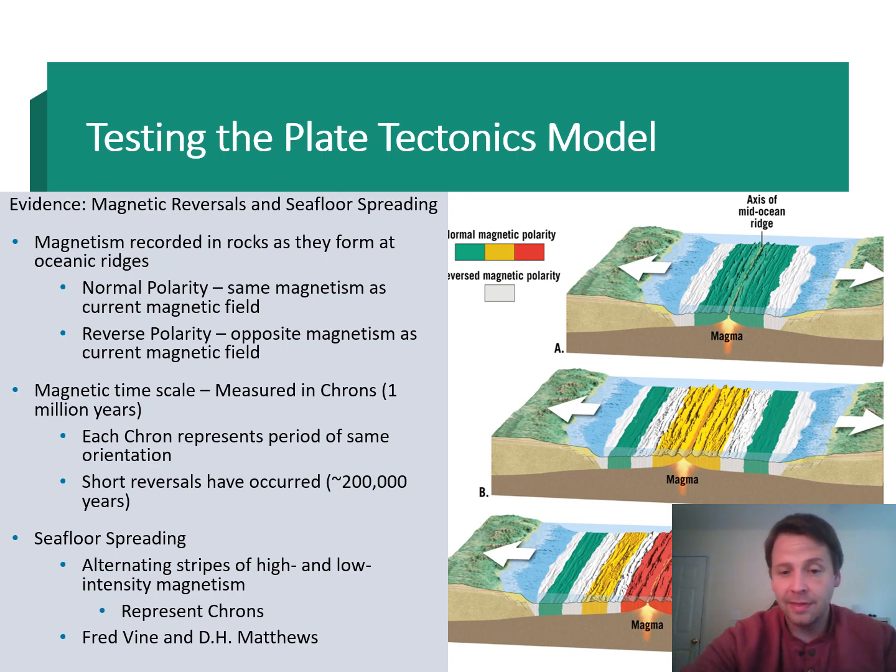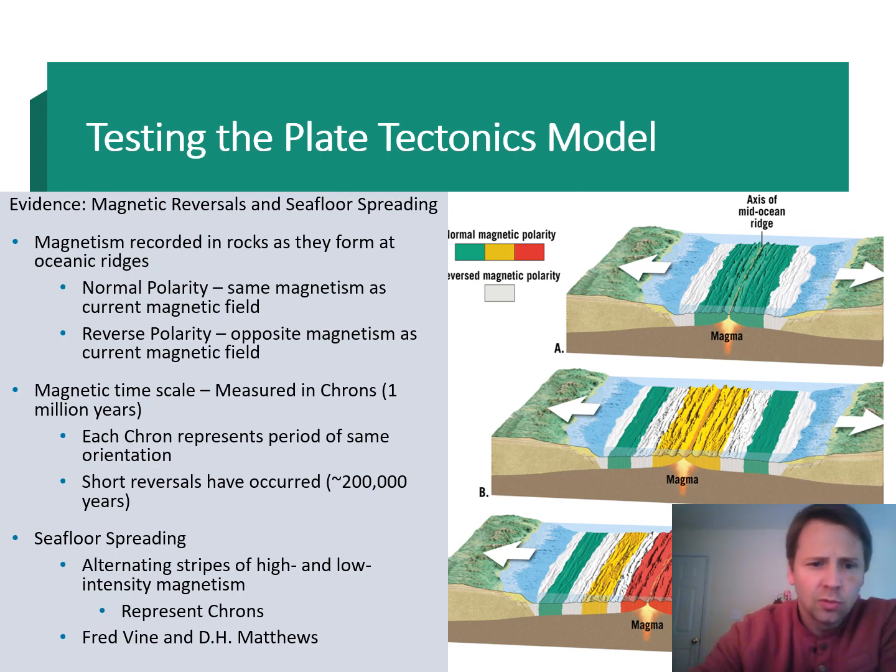It's the period where the rocks will point to north, at least for that time. We refer to these periods, as it is today, as normal polarity, where the polarity is the same as the current field. But then we also have reverse polarity during these periods of magnetic reversals.